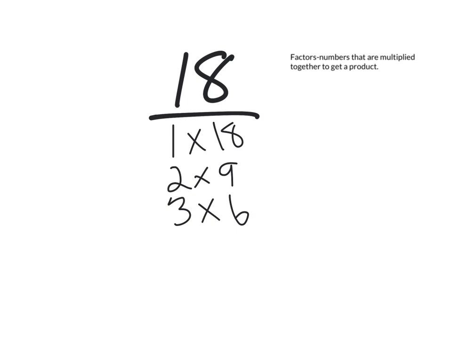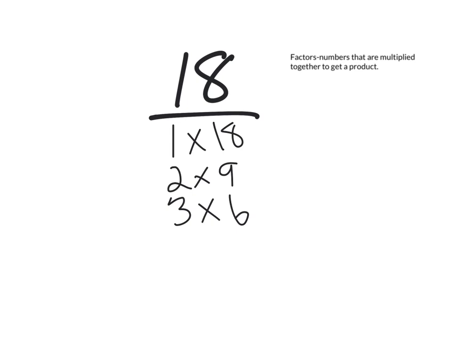Now I could start thinking about other numbers. But this is what I tell my students: when you're writing them out and going in order, you're thinking in the back of your mind, 18's a low enough number, I don't know if there are any more multiplication facts that give me 18.